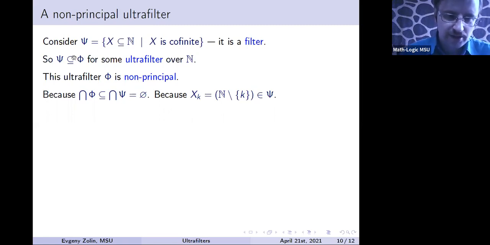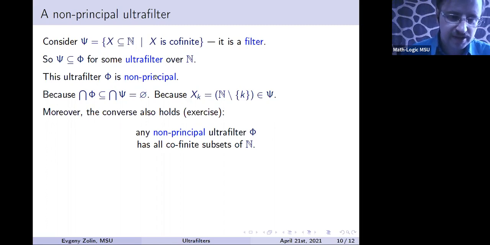So we know that if we take all cofinite subsets of natural numbers, then the ultrafilter that contains all these sets is non-principal. And in fact, the converse holds. If we have some non-principal ultrafilter over natural numbers, then it must contain all cofinite subsets of natural numbers.